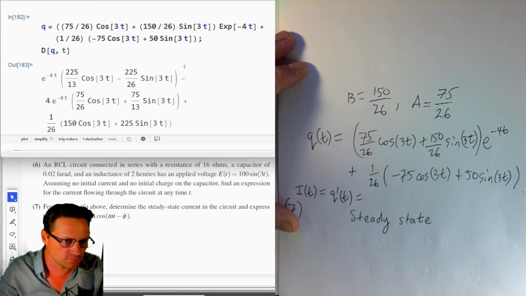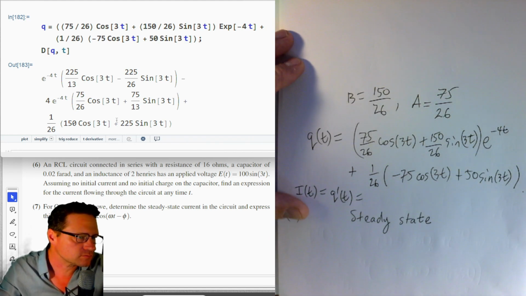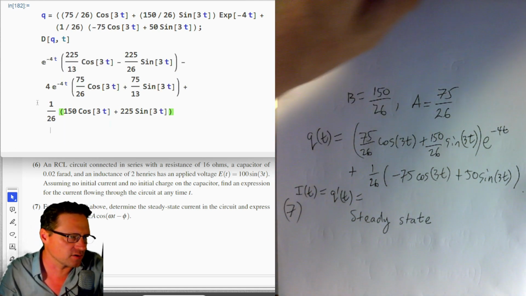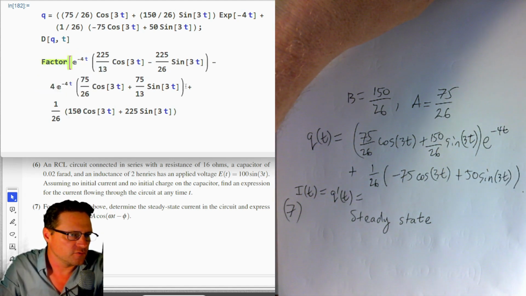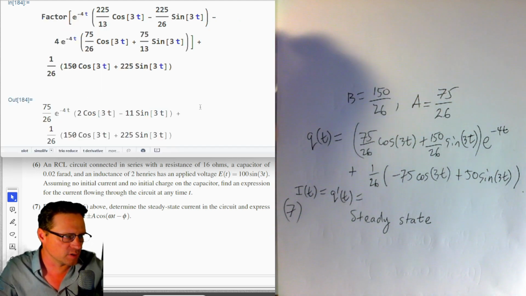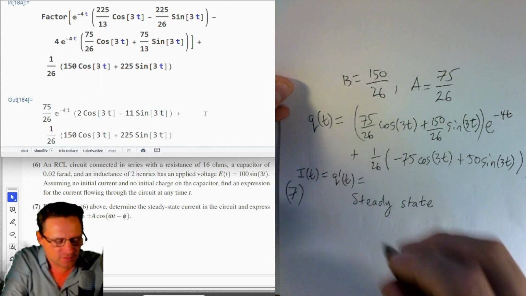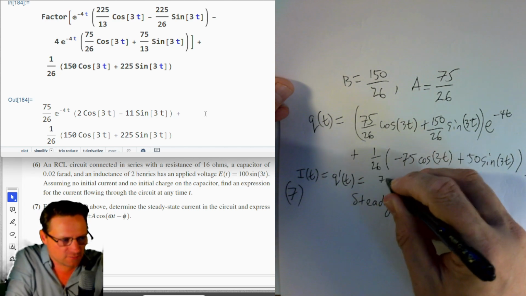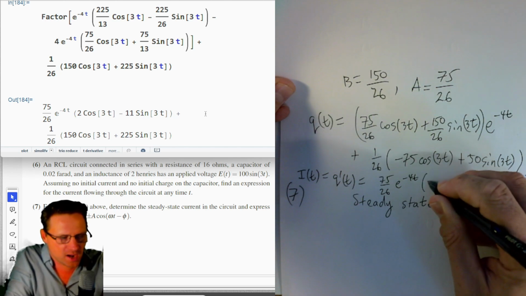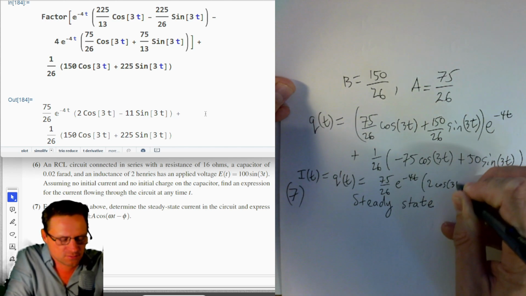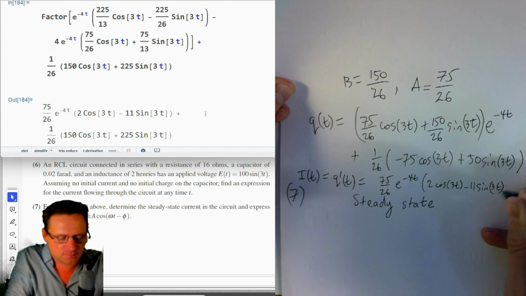Okay, so then the derivative is, well, let's just take this and factorize this. So I'll factor out the first part of it here to make this a little bit more tidy. Okay, then. So we have 75 over 26 e to the minus 4t in brackets 2 cos 3t minus 11 sine of 3t.